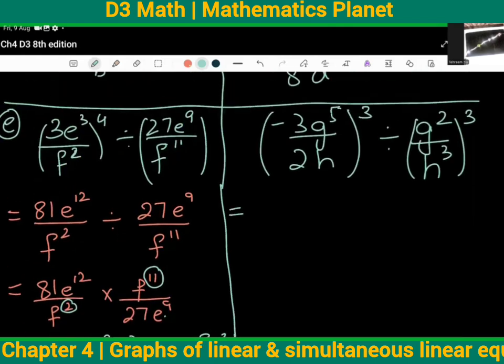So here we have minus 3 times 3 is 9, 27, g times 5 is 15, 2 times 8, 8 times 3, divided by g times 6, 8 times 9.